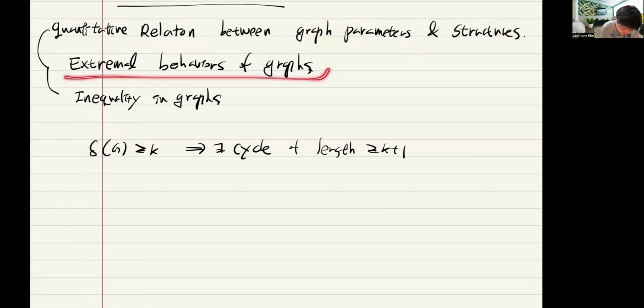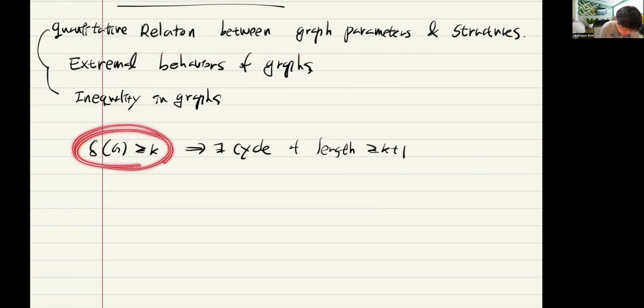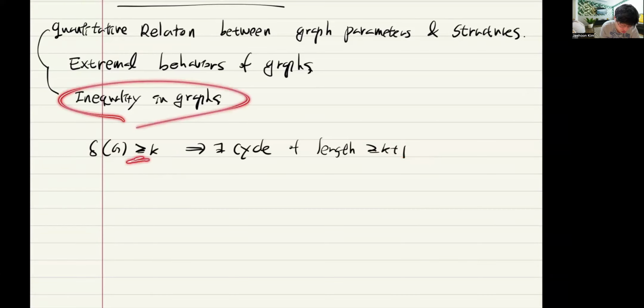And also this is the extremal behavior of the graph with the minimum degree at least k. Among them, what's the extremal behavior? What if your graph has as small as possible length of cycle, and how small can it be? That's this. And this is also about the inequality.